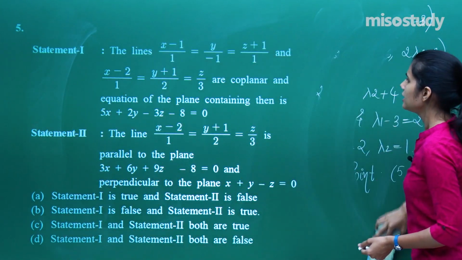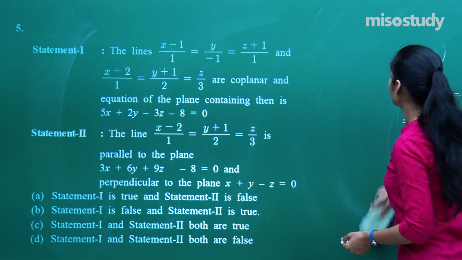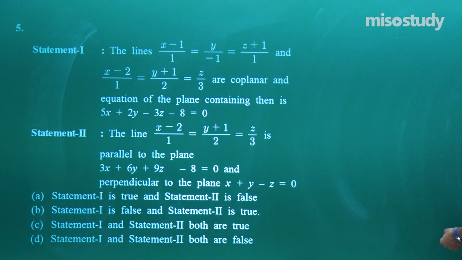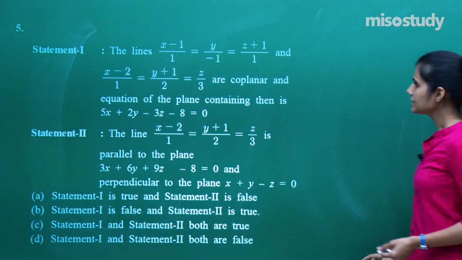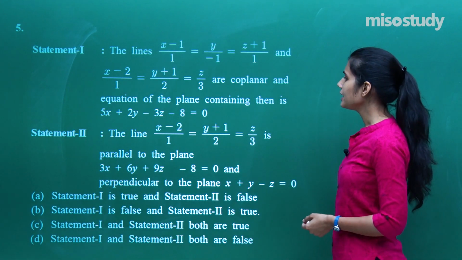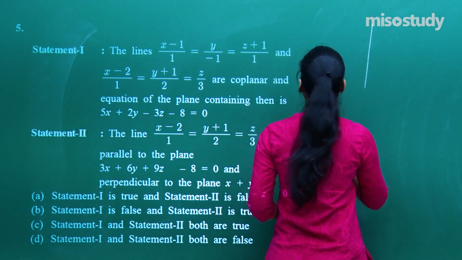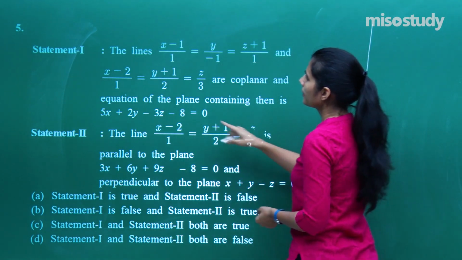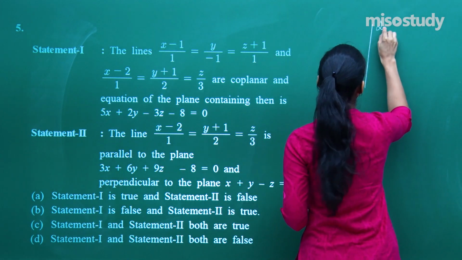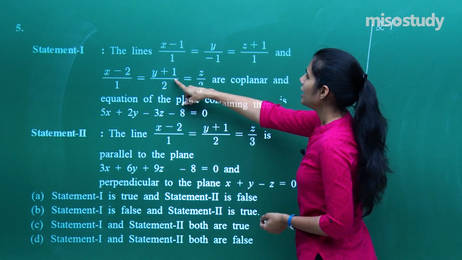These lines are coplanar. So first of all, we have to verify statement 1 if it is correct or incorrect. These lines are coplanar, and equation of the plane containing them is this. For these lines to be coplanar, what do you need is 2 minus 1, then you have what?